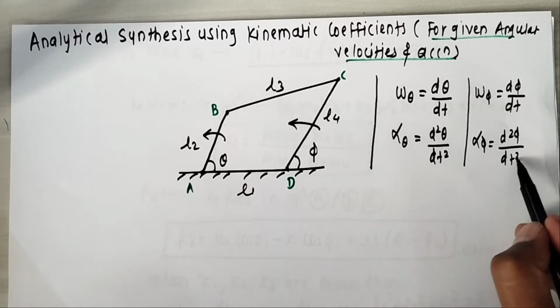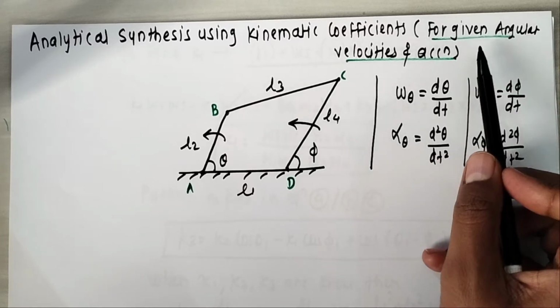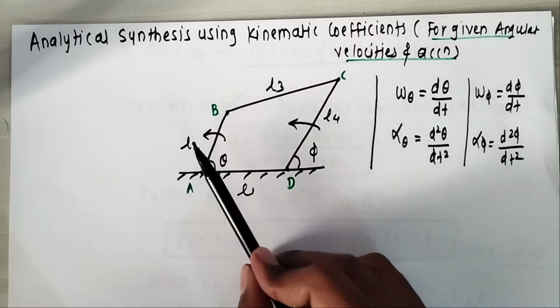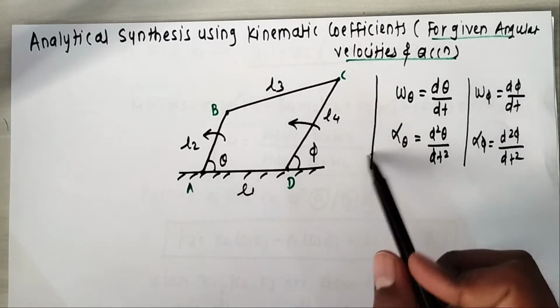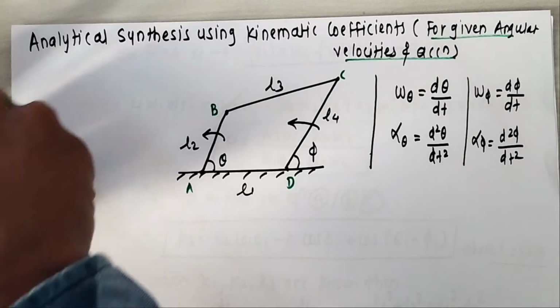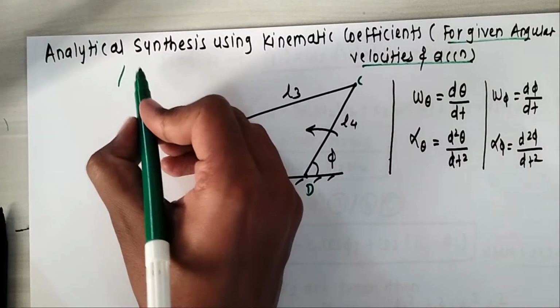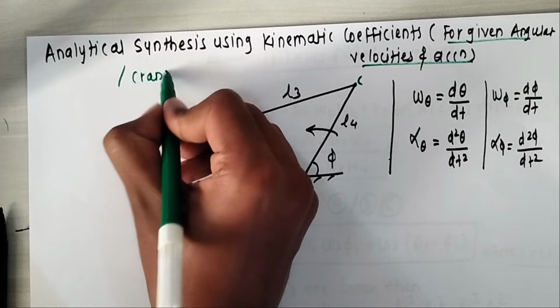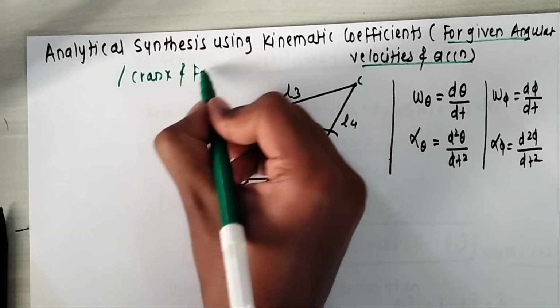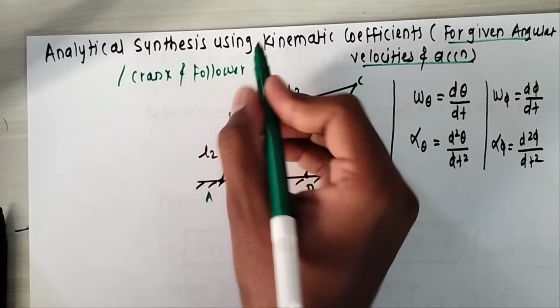So when this information is known for given angular velocities and angular accelerations of crank and follower, this analysis is also called crank and follower synthesis.